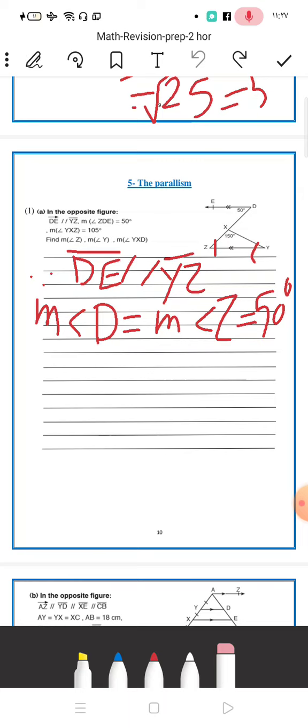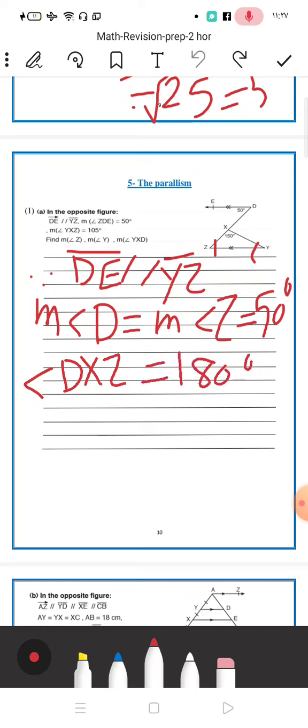Okay, also here we have angle DXZ equals what? Equals 180, because it's a straight angle.